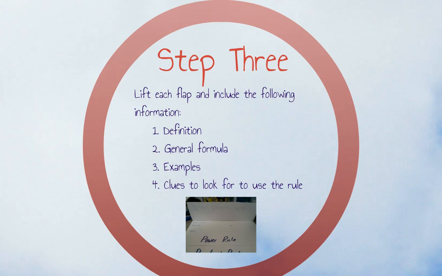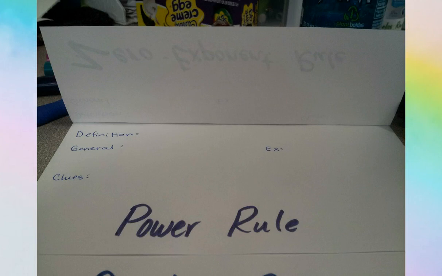The example is up to you to choose your own that will help you to remember. For the clues, you will want to write down using words, symbols, or sentences what will help you to remember that that is the rule that you will use. This is what your flap should look like before it's filled out.